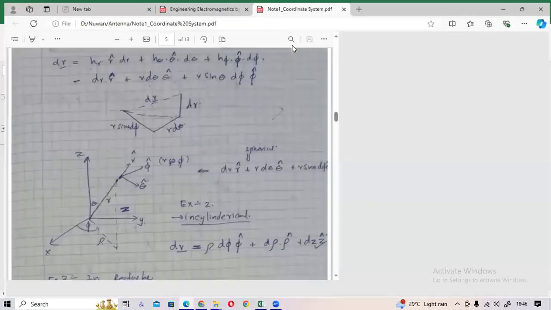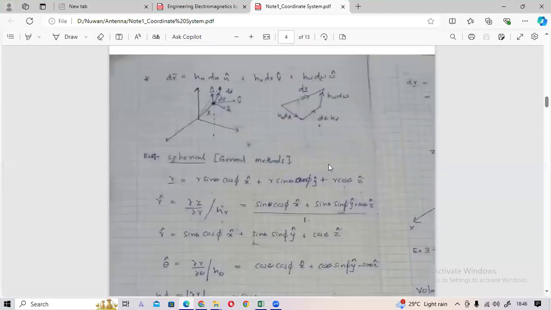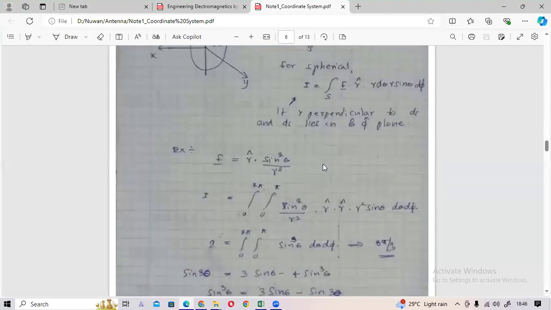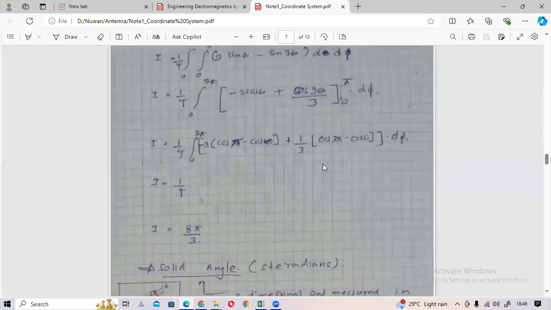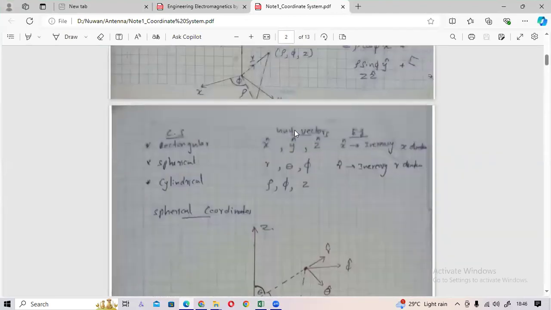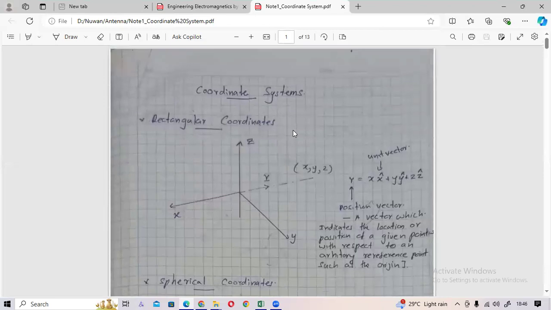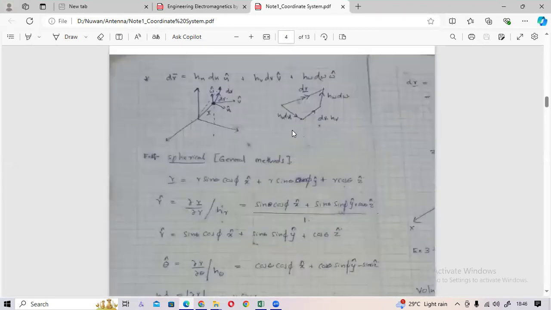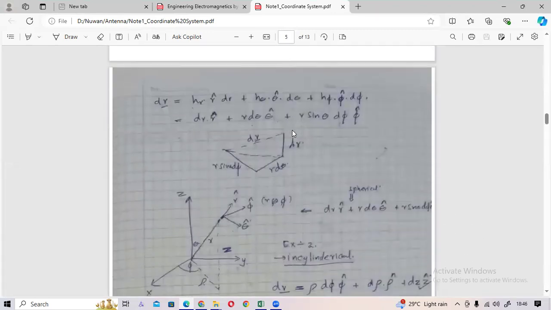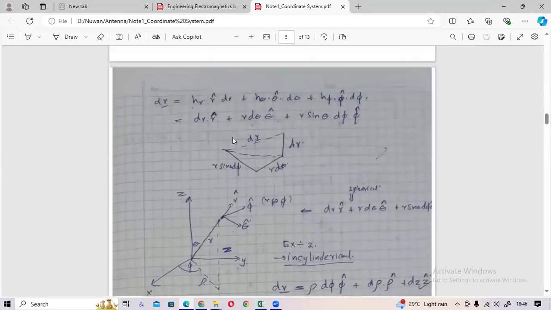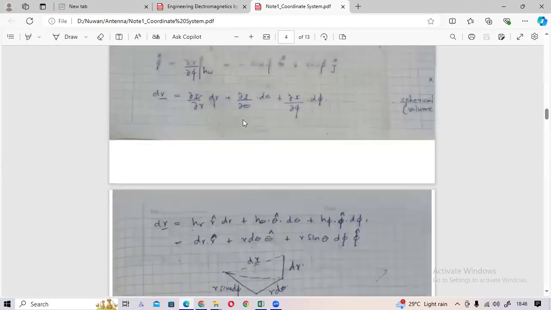What you should know is these three identities. Can you remember what they are?